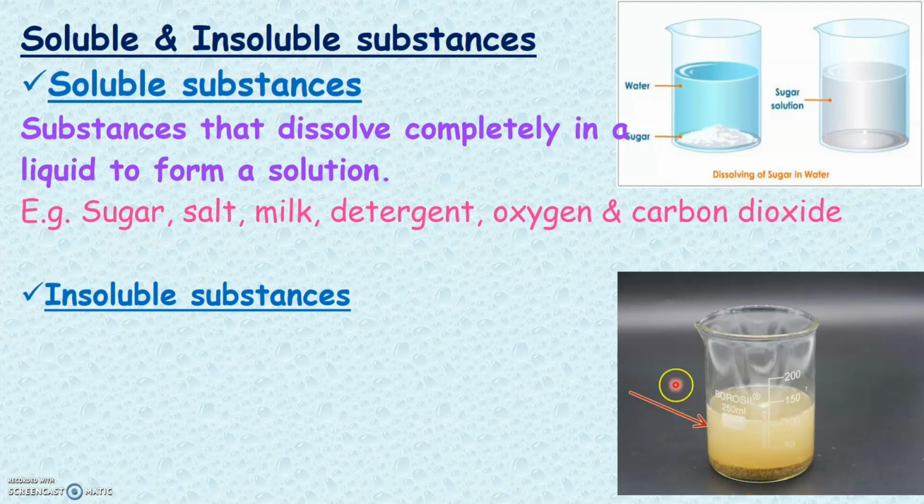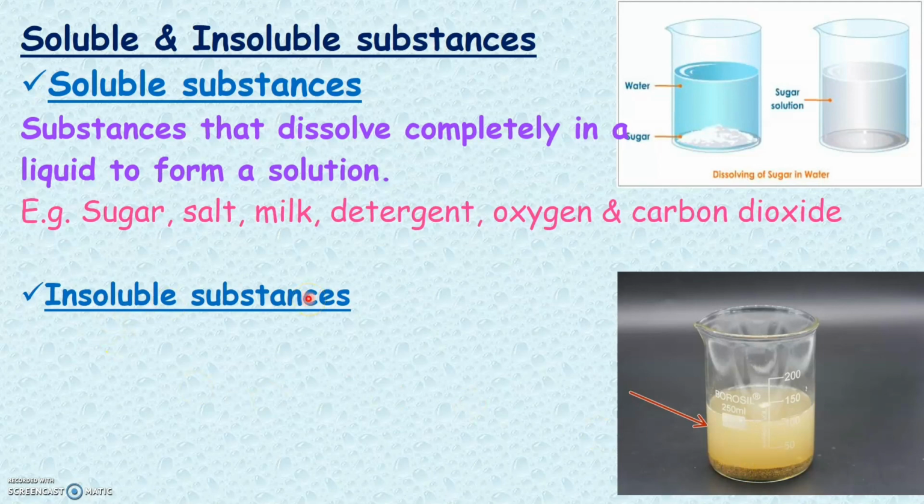We observe that as sand is mixed with water well, sand does not get dissolved completely in water. As you see here, some of the sand particles are still settled at the bottom. So sand has not dissolved completely in water. Therefore, it is an insoluble substance.